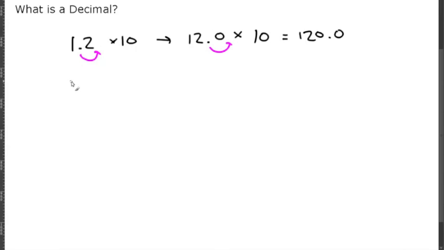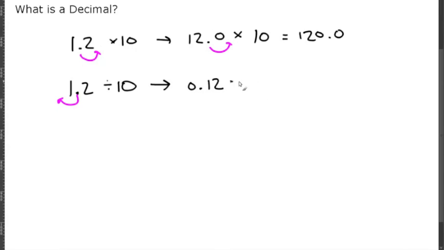Let's go the other way. Let's say that we have 1.2 or 1 2/10 and we divide it by 10. If we divide it by 10, we're taking this decimal and we're moving it to the left. So we're getting smaller as we divide. So now our number is going to be 0.12 or 12 hundredths.